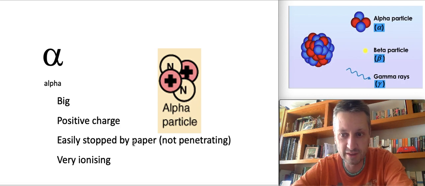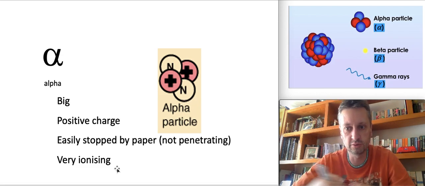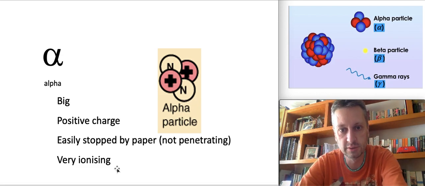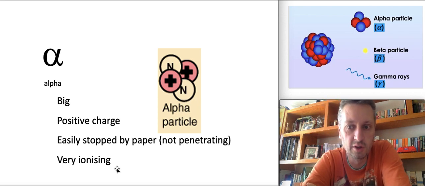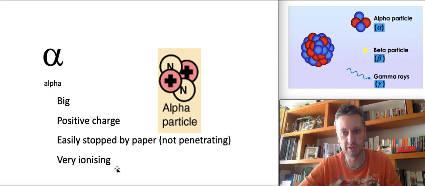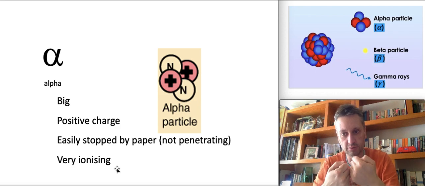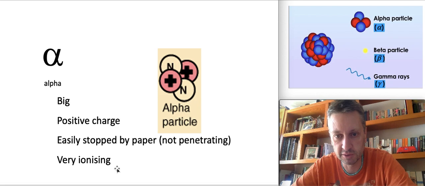So therefore, you might think they're not very dangerous. But because they're big, they're very likely to come into contact or collide with other atoms. That could be, for example, particles as they move through the air. When they hit other particles, they ionize the other particles. Ionization in this case basically means hitting the other particle and knocking out an electron, turning that particle into an ion.